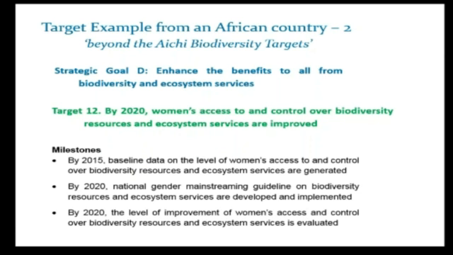So that's kind of beyond the specific Aichi targets in addressing the need for women's access to and control over biodiversity resources. And they saw that as a particular issue and priority in their country, and they've set a national target for that. And then milestones, to establish baseline data on the subject and produce guidelines and to evaluate their progress in achieving that.